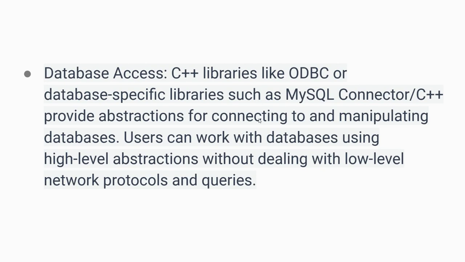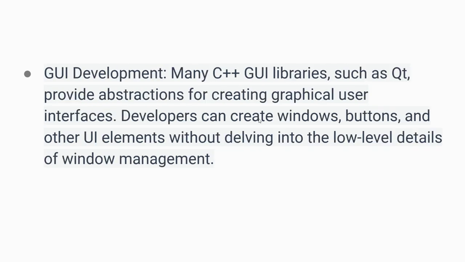C++ libraries like ODBC or database specific libraries such as MySQL Connector/C++ provide abstractions for connecting to and manipulating the databases. Users can work with databases using the high level abstractions without dealing with the low level network protocols and queries.